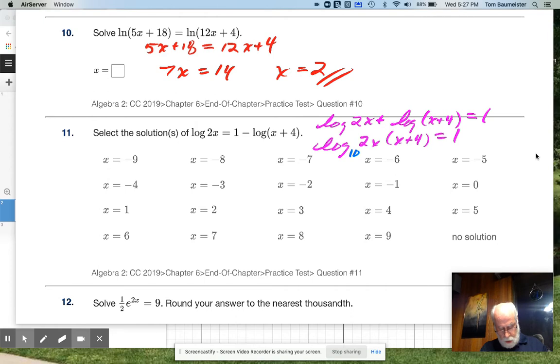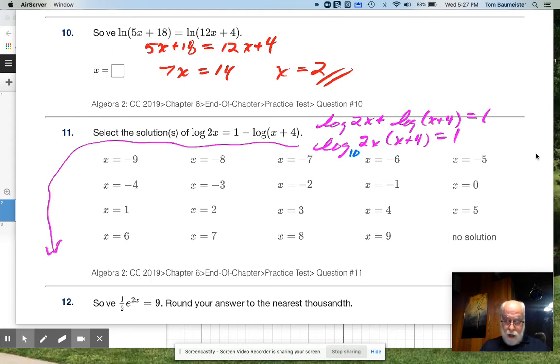So again, once we get to here, think this base raised to this power equals this. All right? So 10 raised to the first power, well, that's just 10. So I'm going to rewrite it.